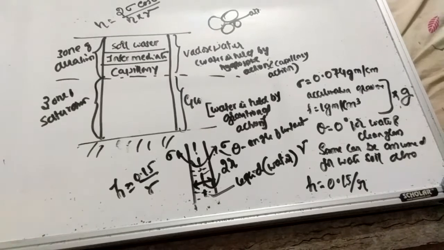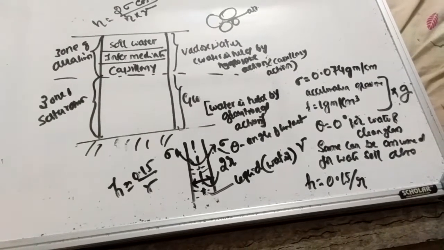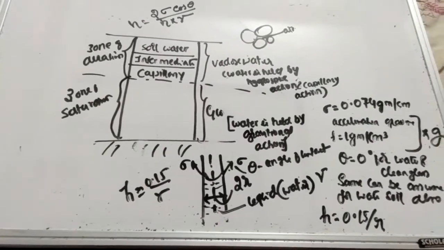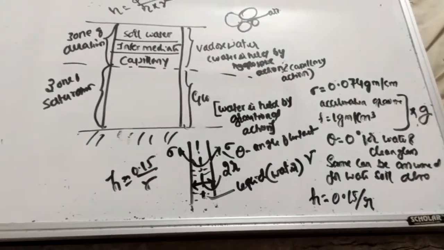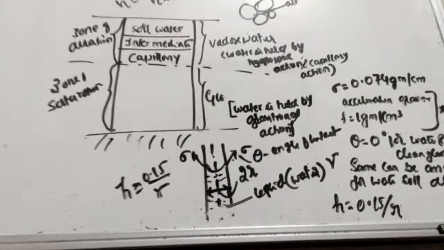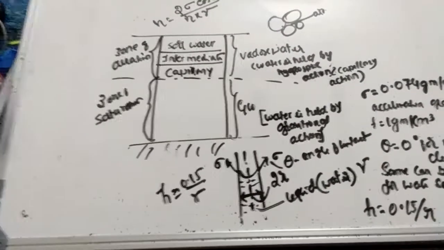As the equivalent circular radius gets reduced, the height of the capillary rise increases.